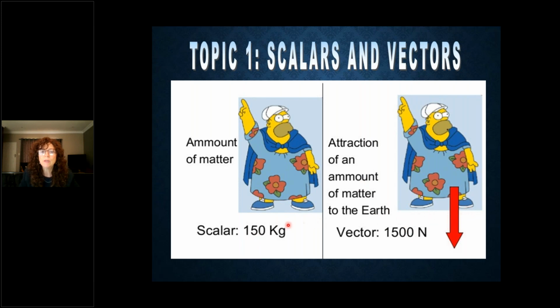So what are we doing? We just take the mass and multiply it by 9,8. In this case, it was multiplied by 10 meters per second square, and therefore 1,500 newtons. And it's downwards, because there must be a direction.